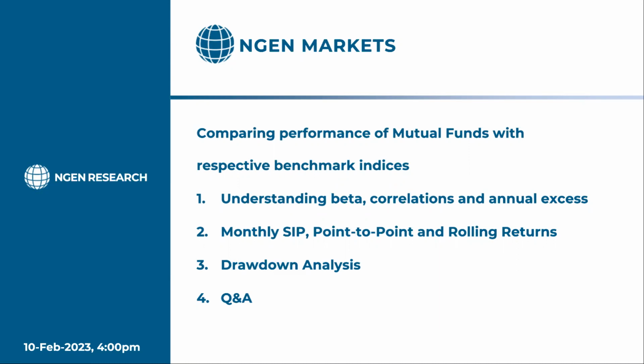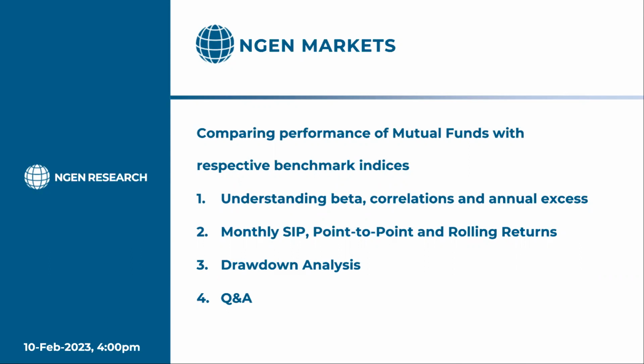Secondly, we will see how we can compare them with respect to their benchmark indices, be it, let's say, Nifty 50 or the Nifty Midcap index, understanding how each measures up with the beta, their correlations with the benchmark, and the annual excess generated by each of the mutual fund schemes individually with respect to the benchmark.